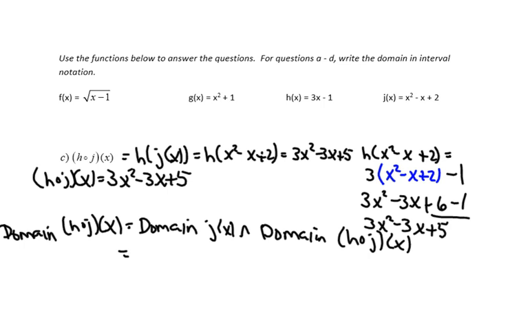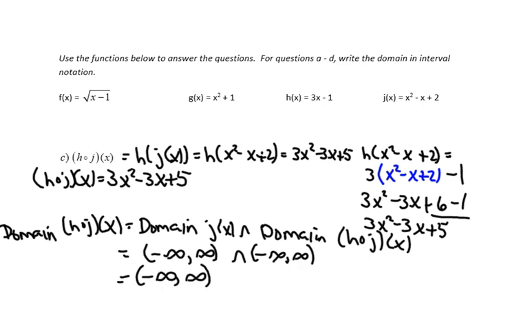Well, j of x is quadratic, so we know the domain of a quadratic function is all real numbers. We know the domain of another quadratic function, that was composition h of j of x, is all reals. So we know the domain is all reals. And again, keep in mind, this means that no matter what real number I plug in, we'll always get a real number coming out.